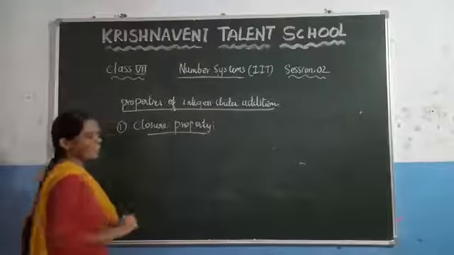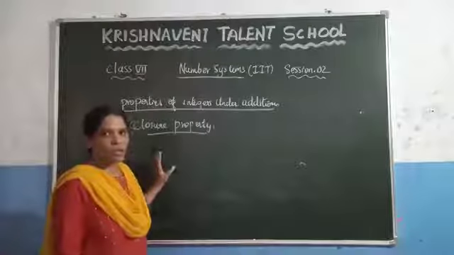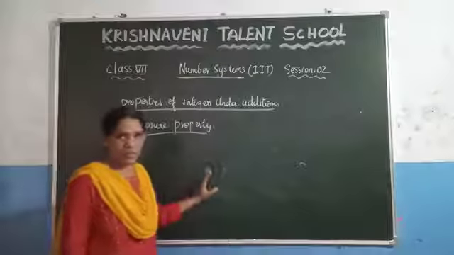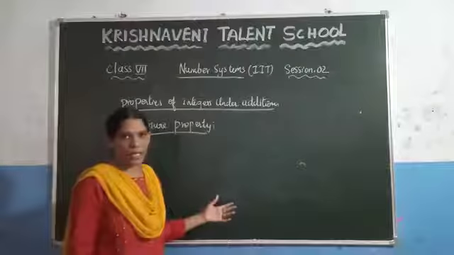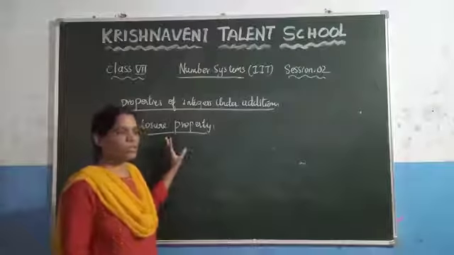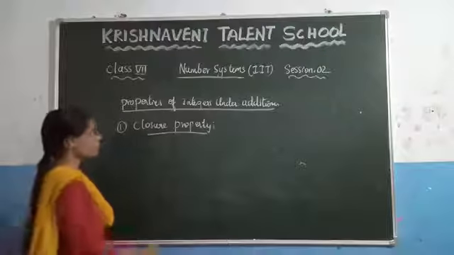What does the closure property say under addition of the integers? In the closure property you need to take two integers, and if you add those integers the result should be an integer. Then we can say that the closure property holds good under addition of the integers. For that you need to take two integers.